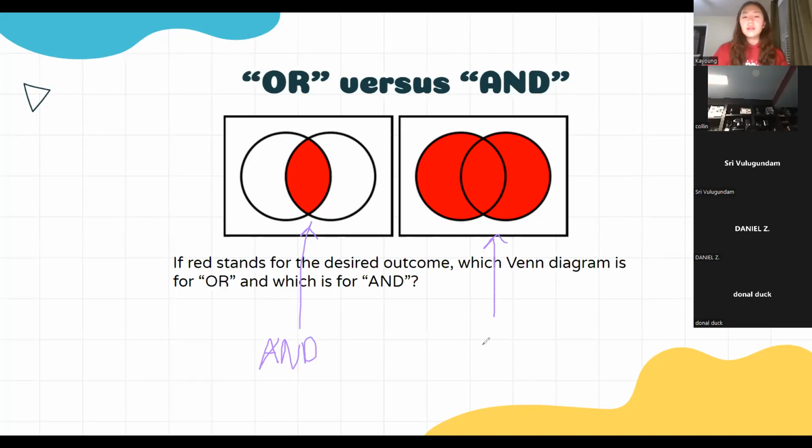In math, or means if one of the two options is true, it becomes true. So or is like everything. You can think of it as everything, and it's just where the two are meeting. No, just normal or, like the word or.